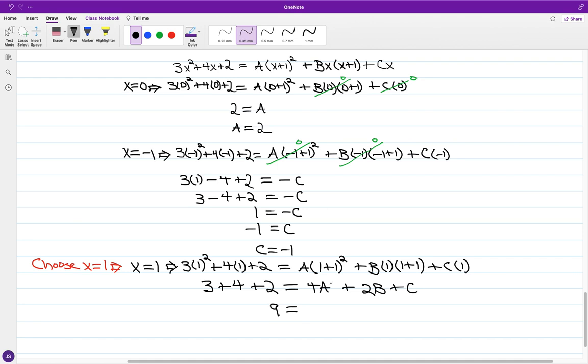Now we have a at 2. And b we're looking at solving for. And c we have at negative 1. And we're going to have 4 times 2 is 8. Take away 1.